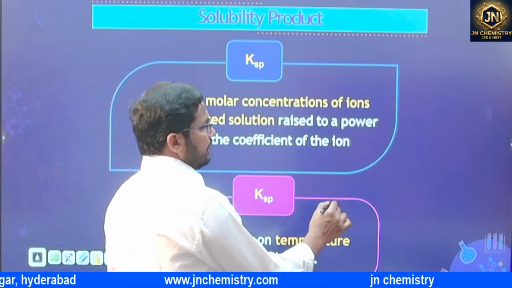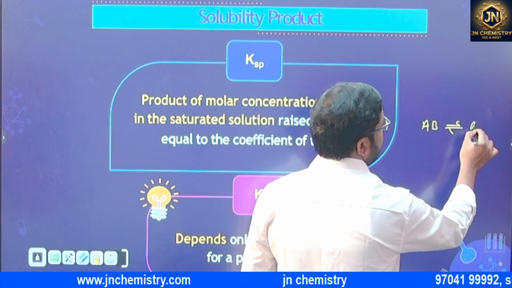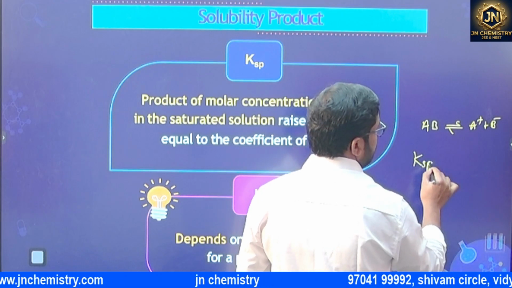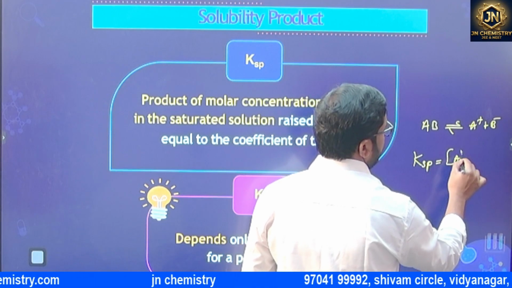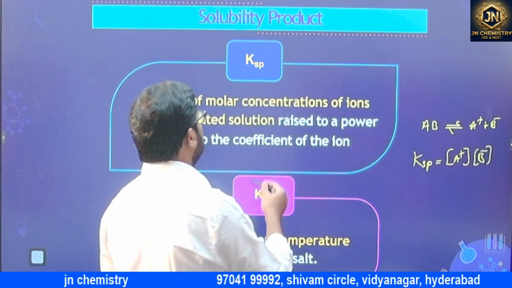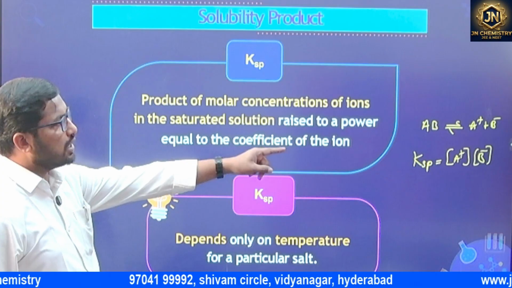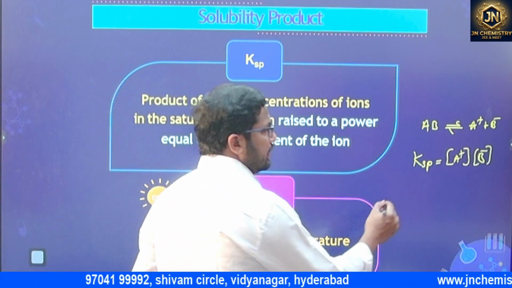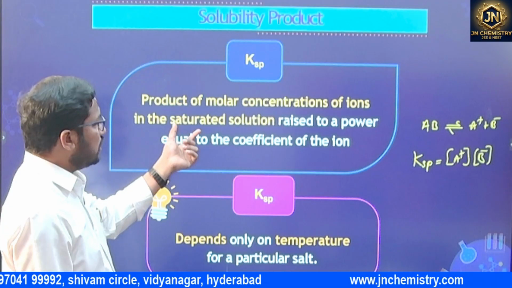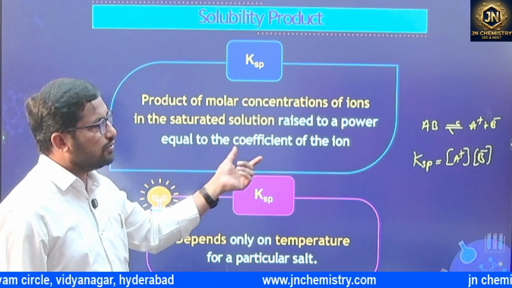Imagine an AB type, A+ plus B-. Ksp is equal to the concentration of A+ times the concentration of B- ion. This is the definition: the product means multiplication of the molar concentrations, written in brackets, of the ions in a saturated solution raised to the power equal to the coefficients of the ion.